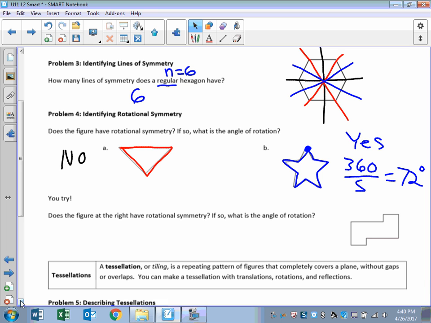Now you can try that one to see how far you have to rotate it to get it to line up perfectly. I'll show you, and then you guys can figure out the angle of rotation. So that's when it lines back up with itself. About. So just figure out what that angle of rotation is.